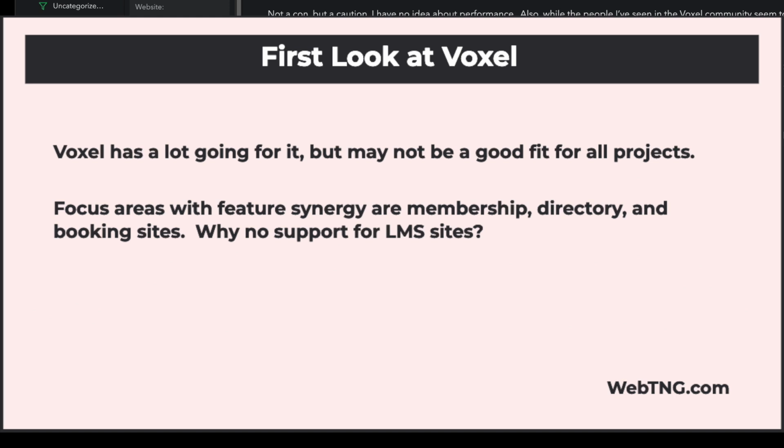Its strengths seem to be in the areas of membership, directories, and bookings. It has a lot of features and a lot of synergy in those areas. And in fact, talking about those types of areas, I was surprised they didn't have support for courses. That seems to be a logical next extension.